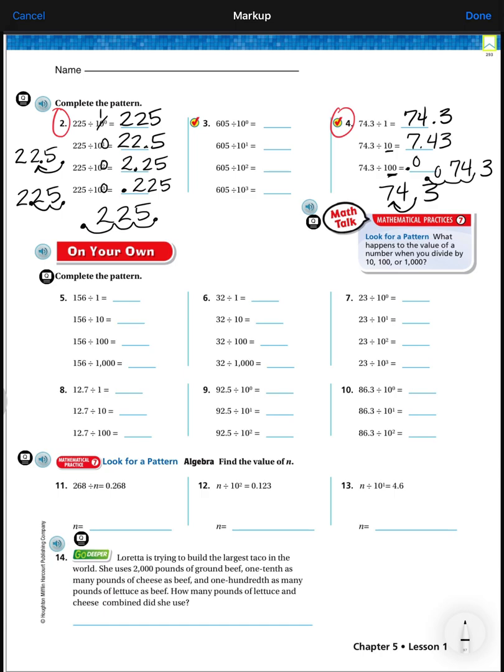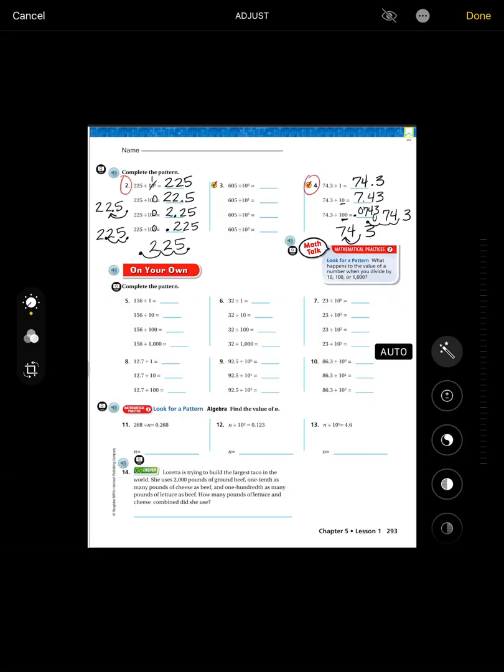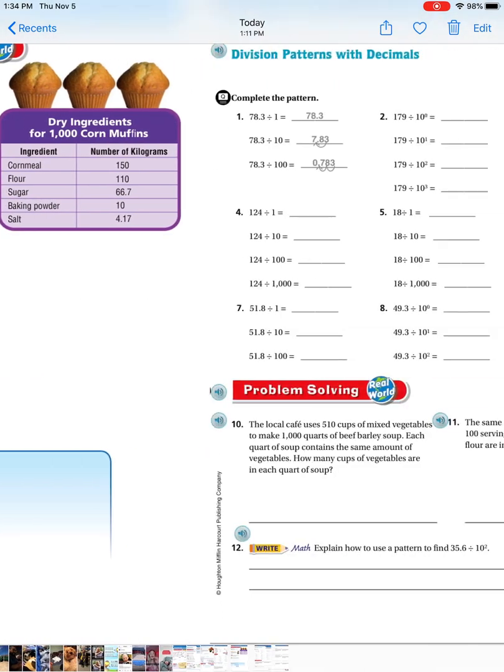Decimal point, add 0 as a place value. Decimal point, 0.743. Okay. So all you're really doing is looking at the zeros in 10, 100, and sometimes 1,000. And you're looking at exponents and deciding which way to move the decimal point.